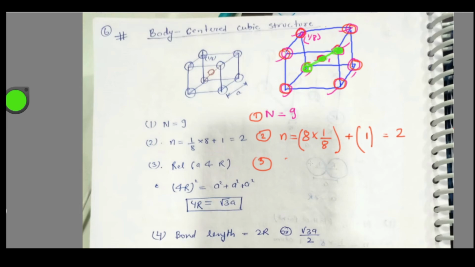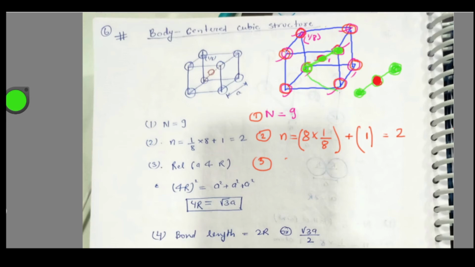So if you join this, it will be like this: one atom and the body centered atom. This is the body center atom and these are the side corner atoms. These two are the corner atoms.